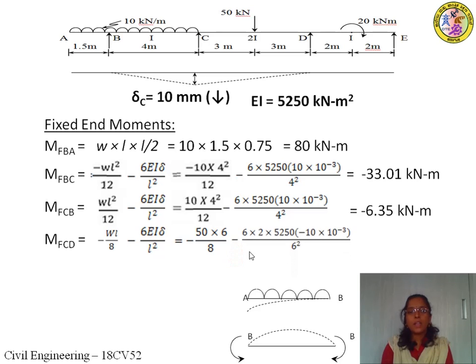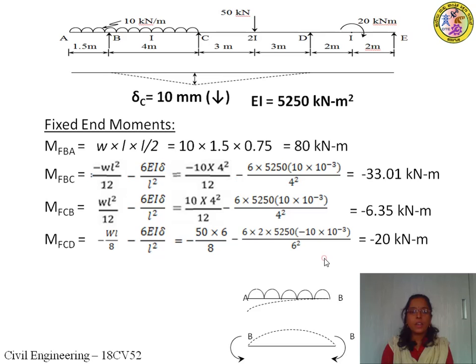Then minus, you observe here the I value is 2I, so 6 into 2 into EI value 5250 into delta, which is negative because it is the left end. If the left end sinks down by delta, then delta is negative. So minus 10 into 10 power minus 3 divided by 6 square. If you simplify this, the value will be minus 20 kilonewton meter.